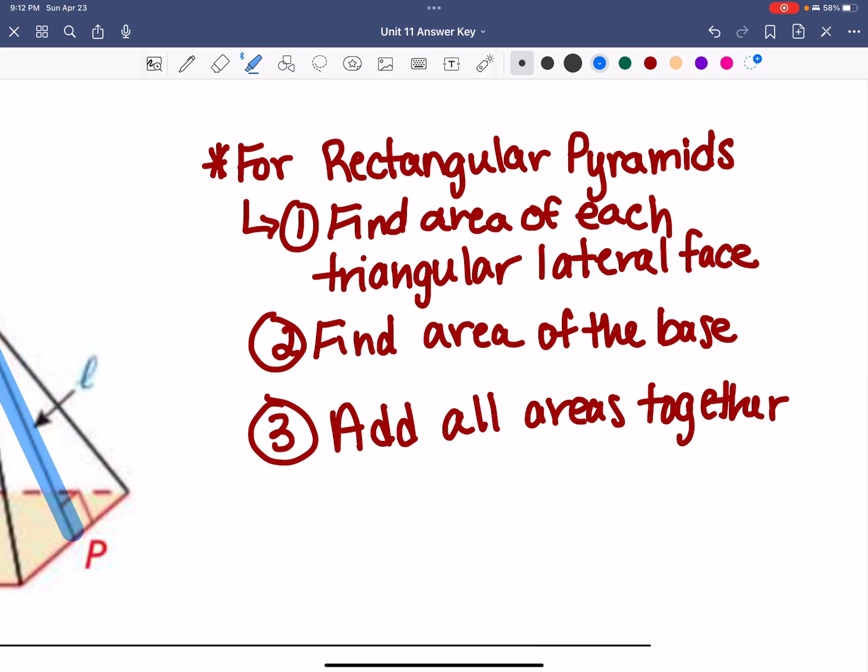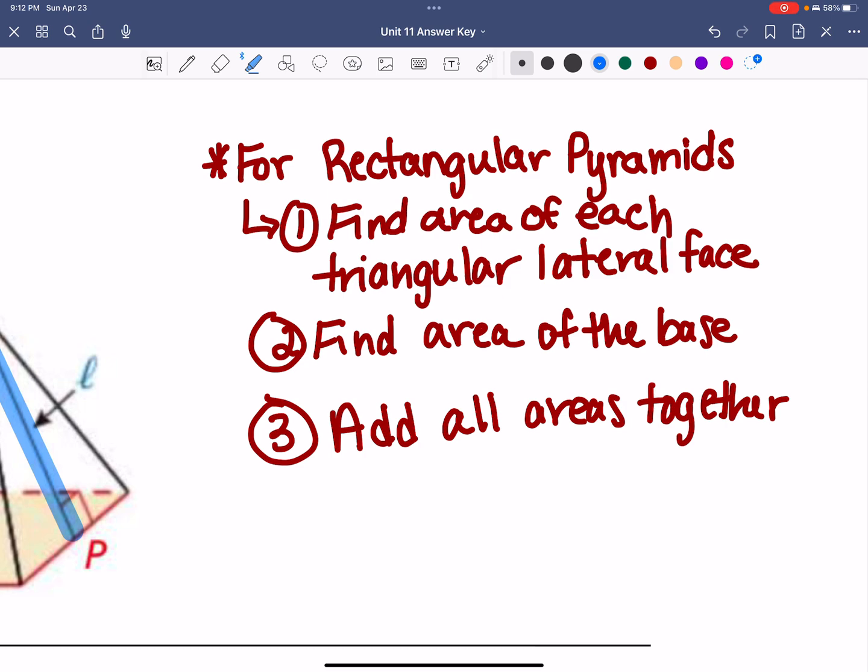Rectangular pyramids are not regular pyramids, so I cannot use the equation I'm given for my other pyramids. Essentially what I have to do is find the area of each triangular lateral face. The great thing about a rectangular pyramid is that I have 2 pairs of congruent lateral faces, so I can find 2 of my 4 and then just multiply each of them by 2, and that'll give me the area of my lateral faces.